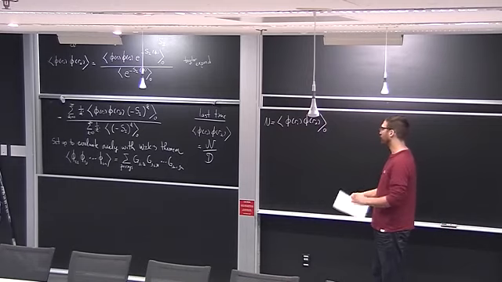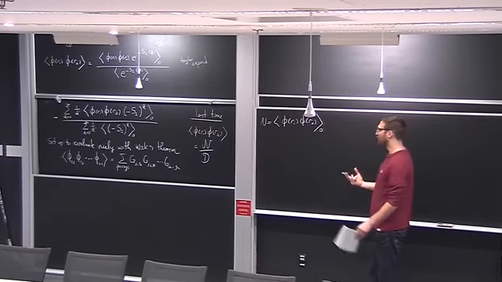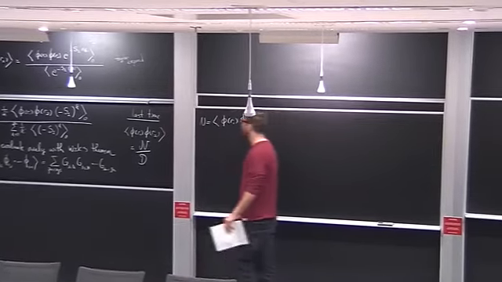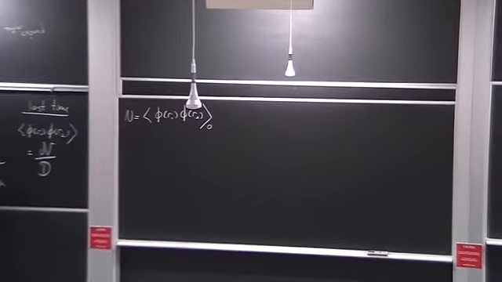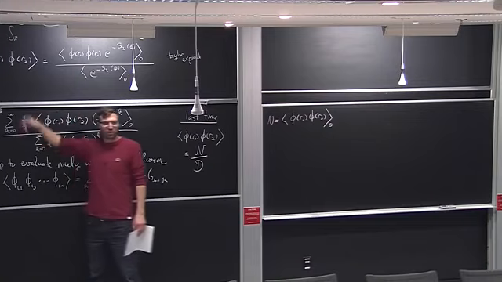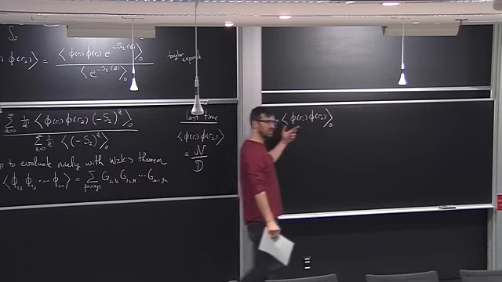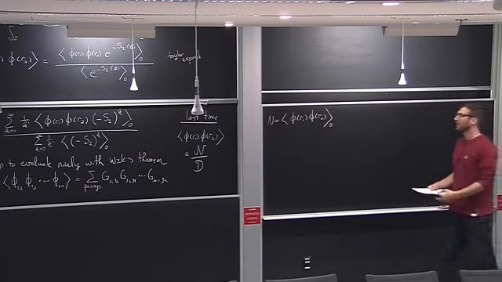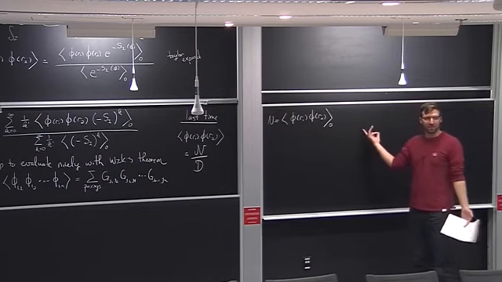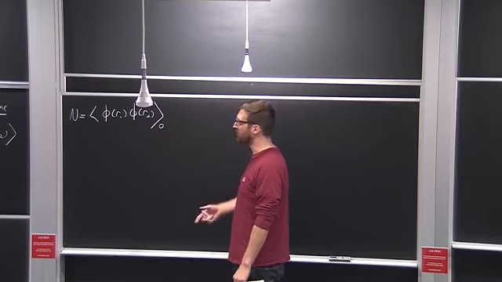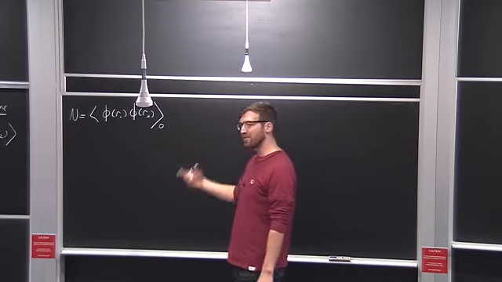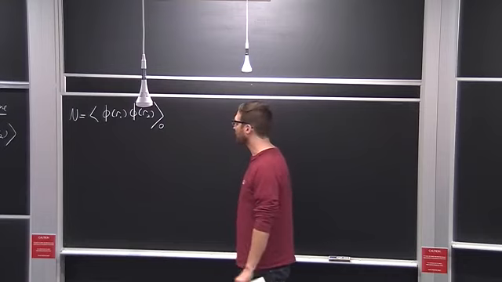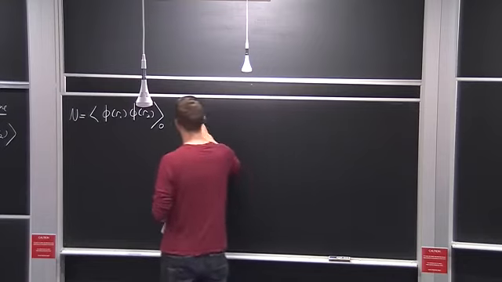That's the k equals 0 term. So the zeroth order approximation to the fully interacting 2-point correlation function is just those same two fields evaluated with a Gaussian expectation value. Okay, makes sense. If you're doing perturbation theory in U, in the strength of the interaction, that makes sense as your first term.